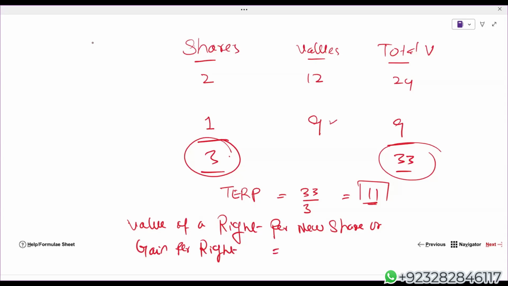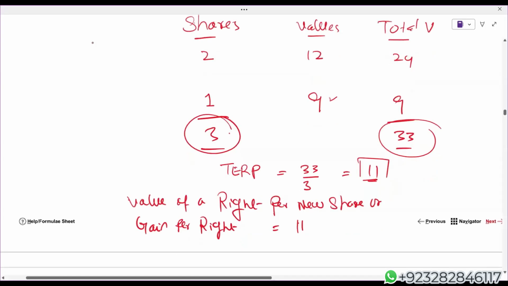Shareholders will be buying rights shares at $9 and they will be selling them for 11. So on one right, they can generate a benefit of 2. Basically, on one right, they will be getting a gain of $2.